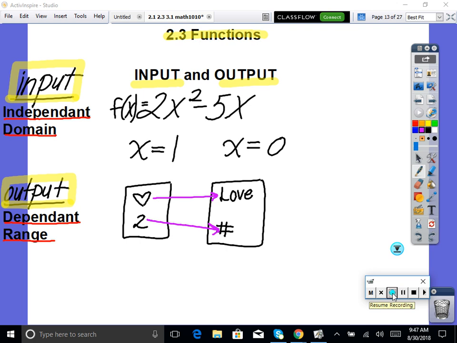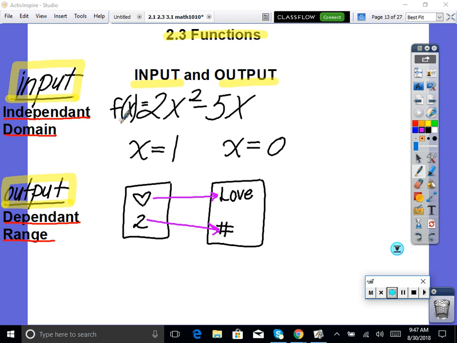Now we're going to be dealing with input and output of functions, which we've already pretty much been doing in 2.1. So input and output. If we have a function, we can plug in something, we get something out, right? That's how functions work. So for example, f of x is equal to 2x squared minus 5x. That's our function. We can plug in 1, x equals 1, and we get out some amount. Does everybody see?